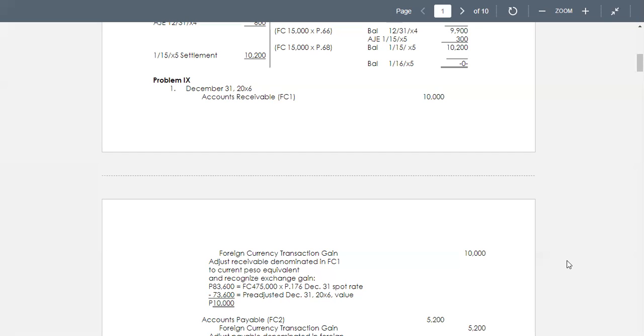The spot rate here is given at 0.176. Multiplying 475,000 FC times 0.176, we get 83,600, and we have the pre-adjusted December 31, 2026 value in the amount of 73,600.